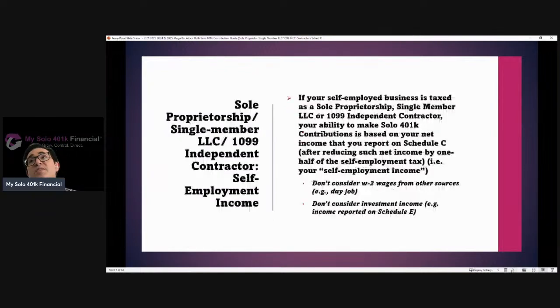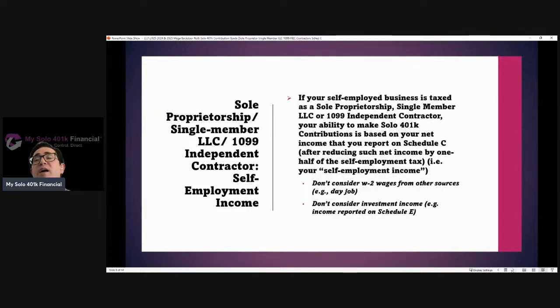So for businesses taxed as a sole prop, single member LLC, a 1099 independent contractor, the ability to contribute is based on self-employment income. There's a pre-calculation to determine self-employment income. Line 31 of Schedule C specifically, so your net self-employment income after your expenses, less 1/2 of the self-employment tax.